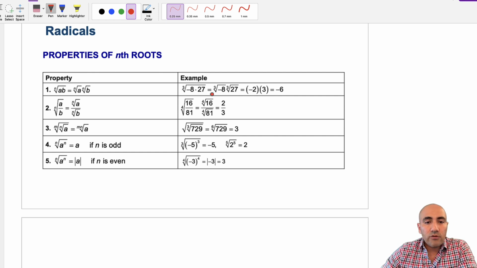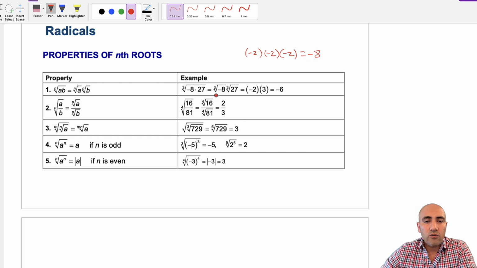Sometimes one thing might be useful or the other. So for example, if we have the cube root, the third root, of a multiplication of negative 8 times 27, then according to this property, we can separate that into 2 separate roots, the cube root of negative 8 and the cube root of 27. The cube root of negative 8 is negative 2, right? And that's because negative 2 times negative 2 times negative 2 equals negative 8.